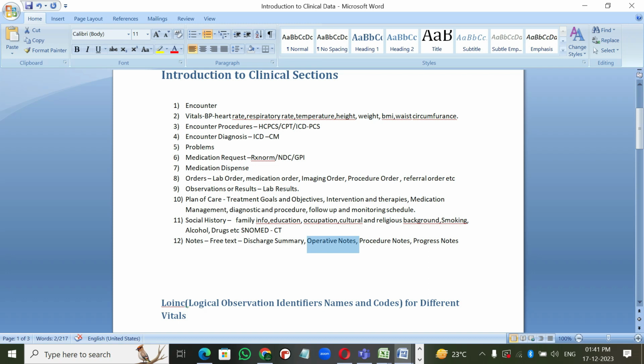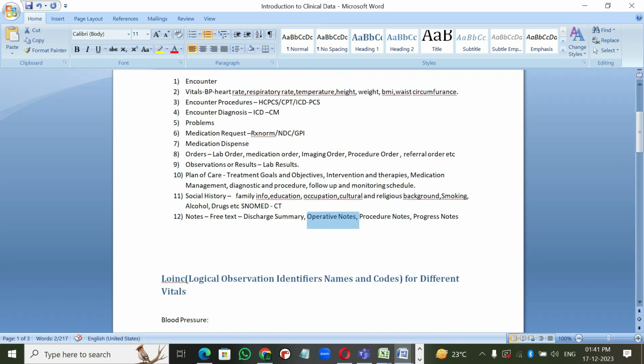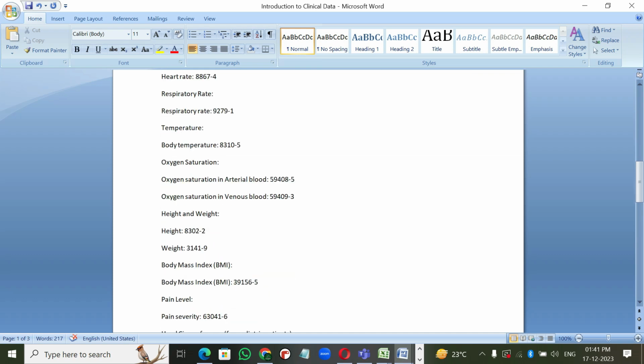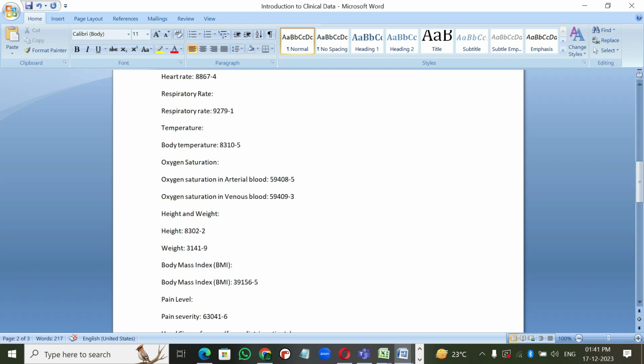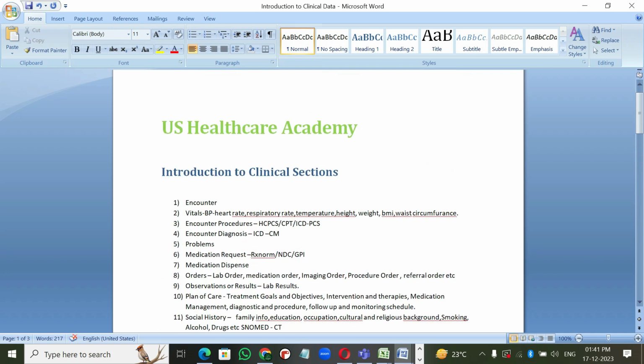That is the reason nowadays it's becoming very popular to extract information from notes and leverage it for a lot of use cases. So, guys, with that, we are done with the clinical sections.